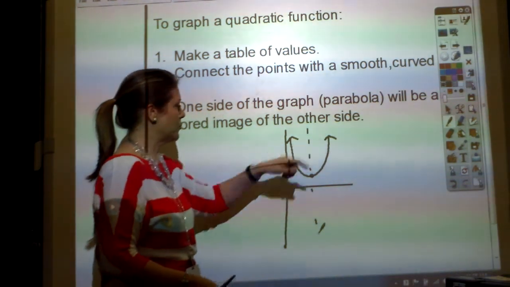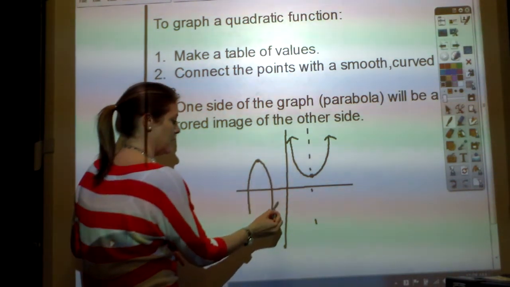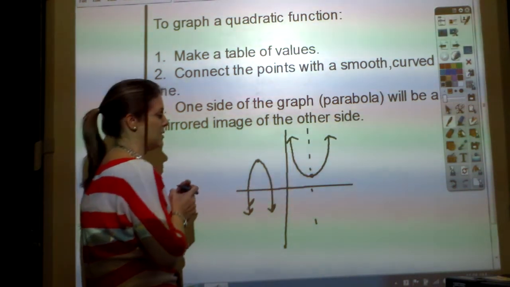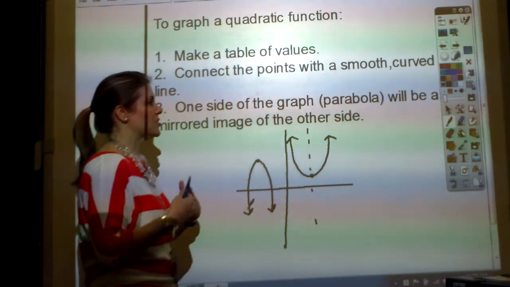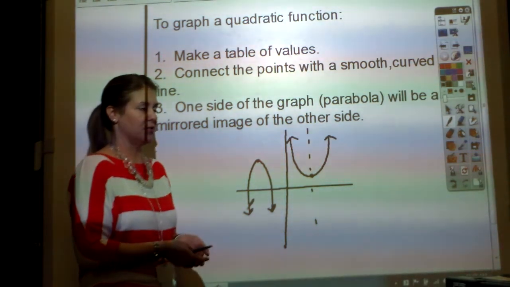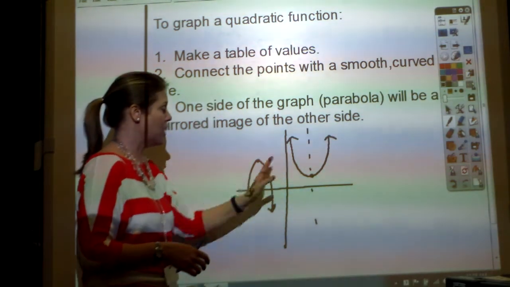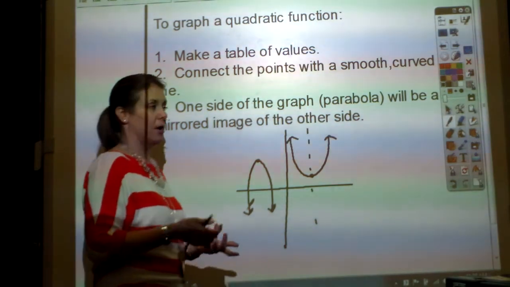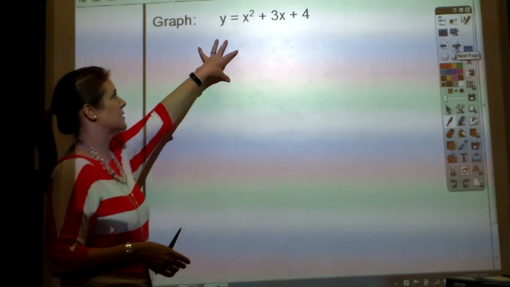So here's an upward parabola. You can also have a downward parabola. Sometimes they can be stretched out wide, sometimes they can be stretched out lengthwise, so they're very narrow. It just depends on what your coefficients are in your quadratic function. But those are what our graphs are going to look like when we plot those ordered pairs on the coordinate plane.